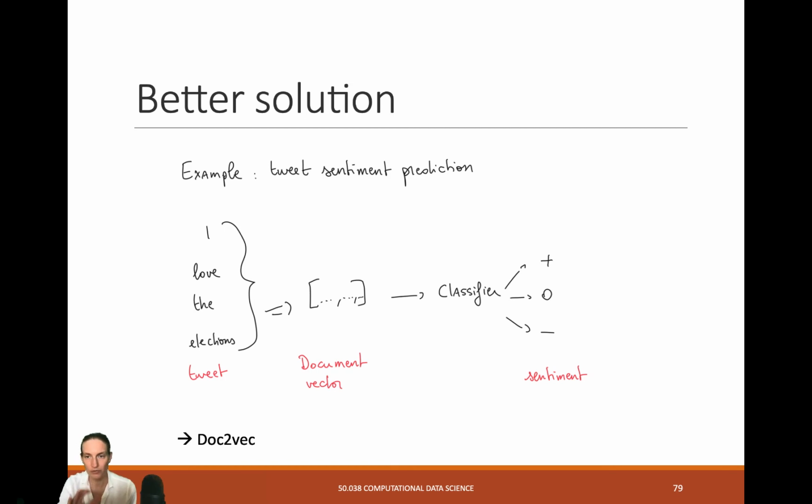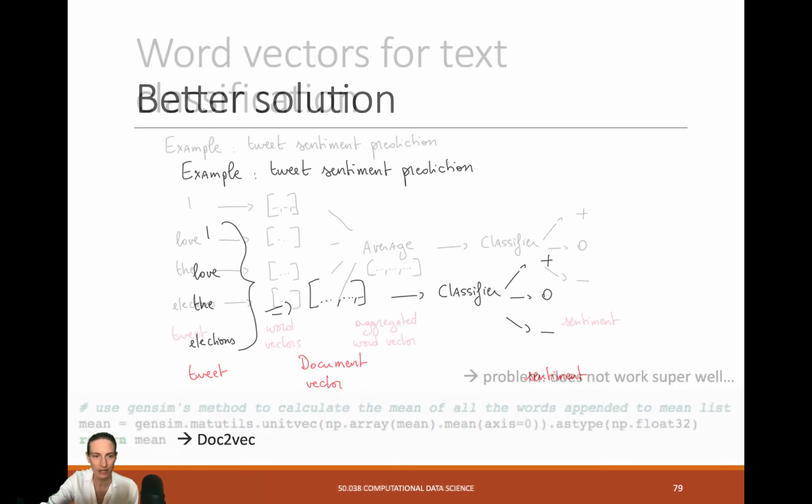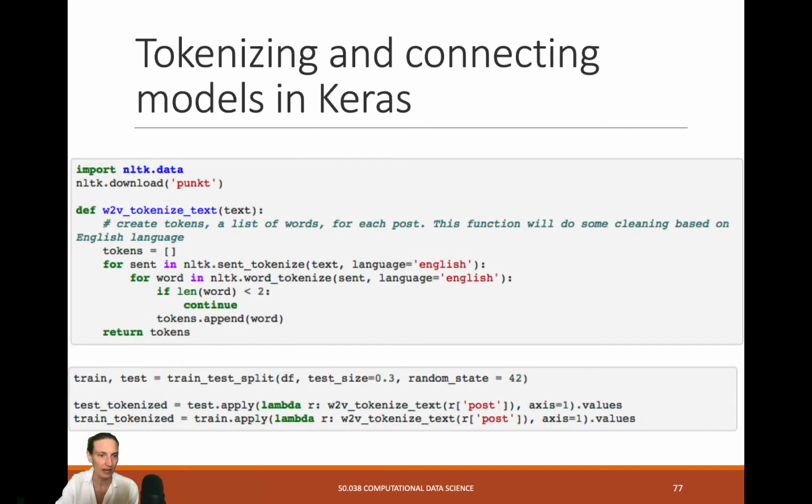Before we get into document vectors, let me retrace my steps a little bit and show you how this is done in Keras. We have our natural language toolkit, we can download the punkt dataset, and we create a function to tokenize our text.